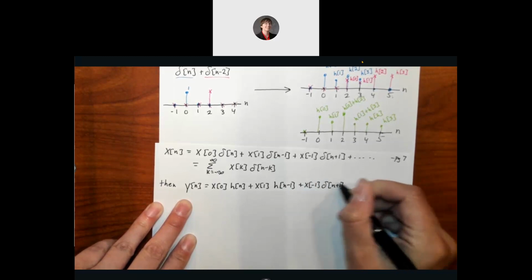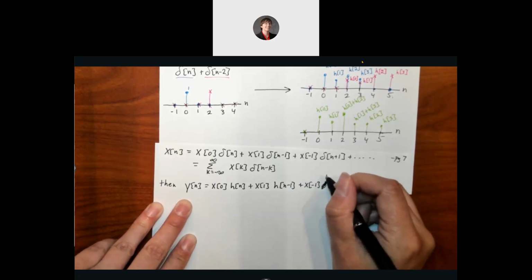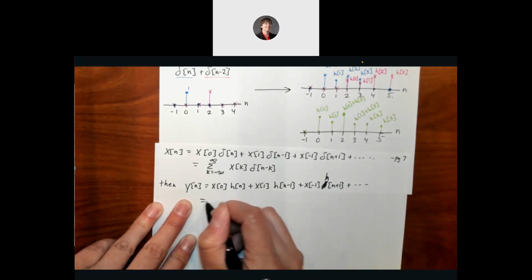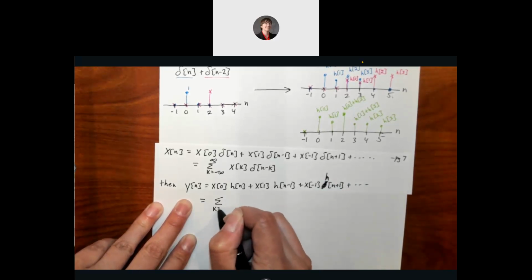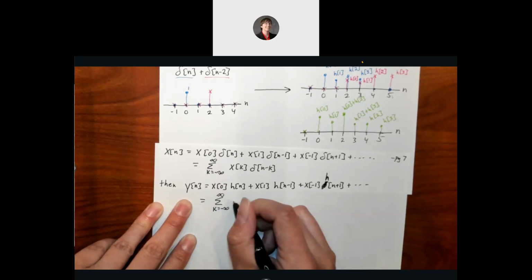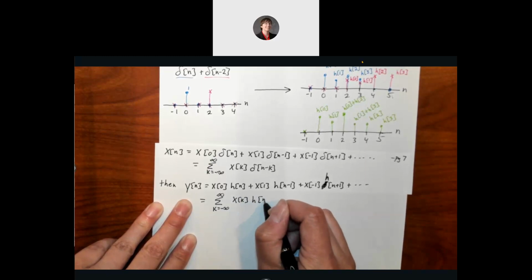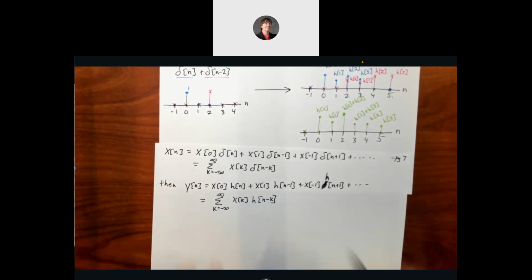And we can do this for however many terms there are. That is the output. And I can write this more compactly. Like so.